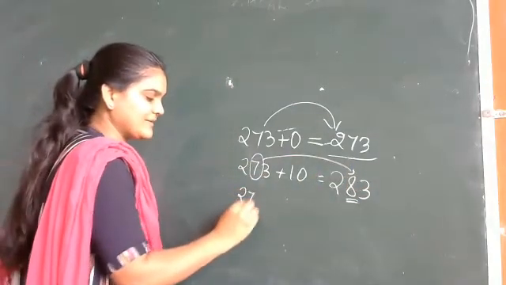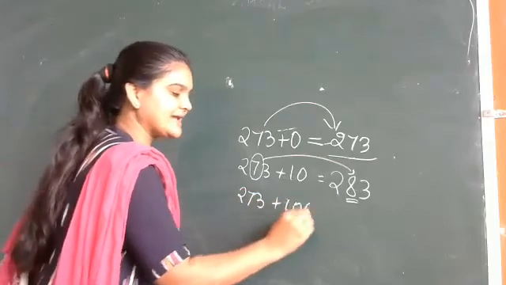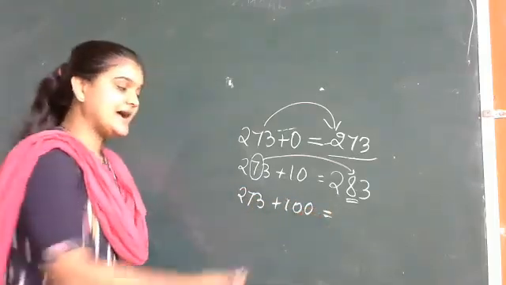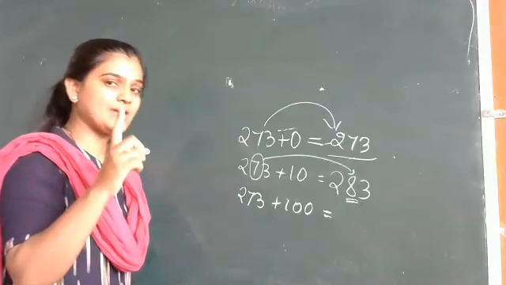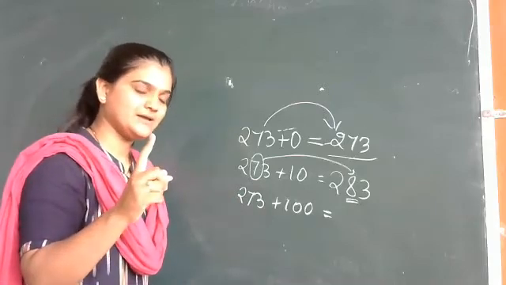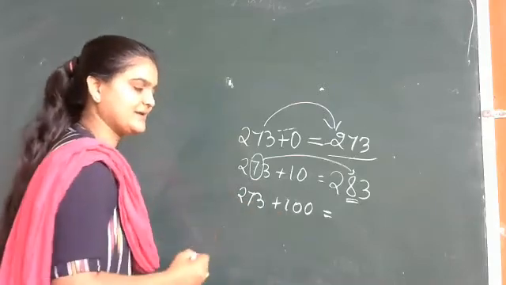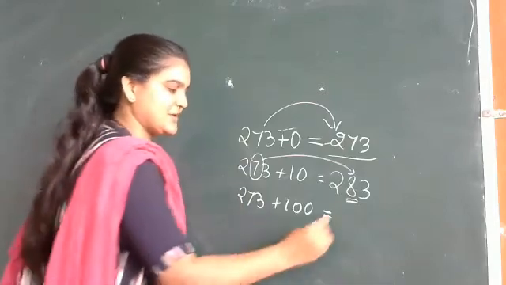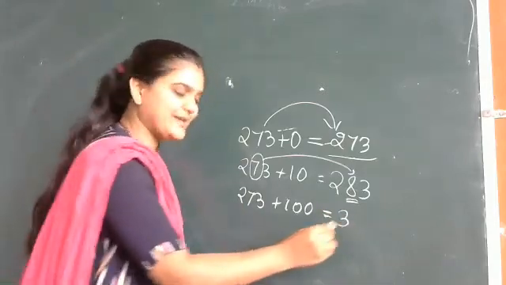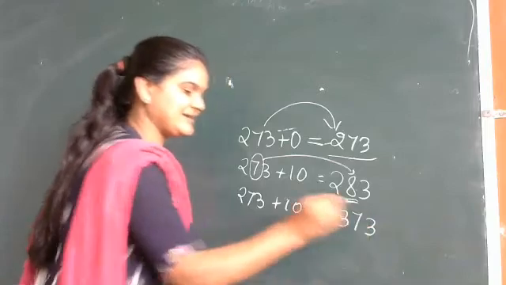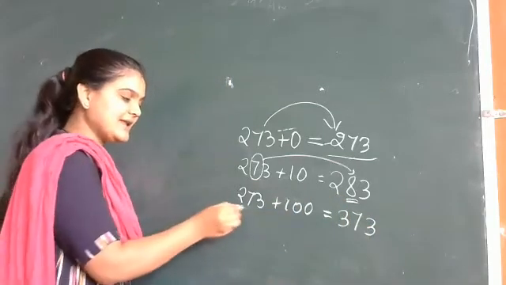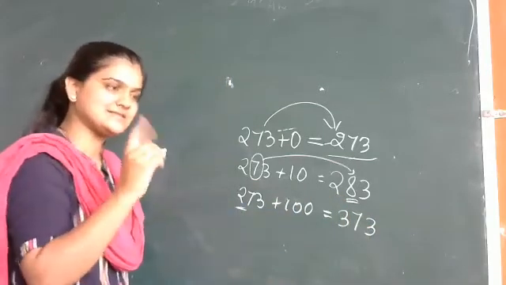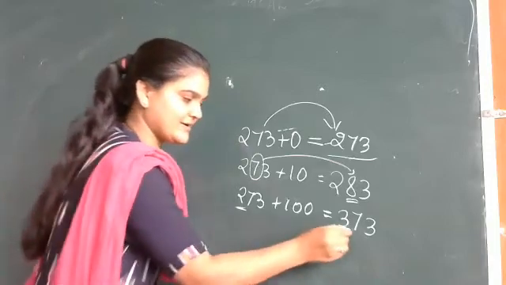If you are adding 100 to any number, the hundreds place will increase by 1. Yes, 373 is the answer. You can see the change in the hundreds place. The hundreds place is increased by 1.